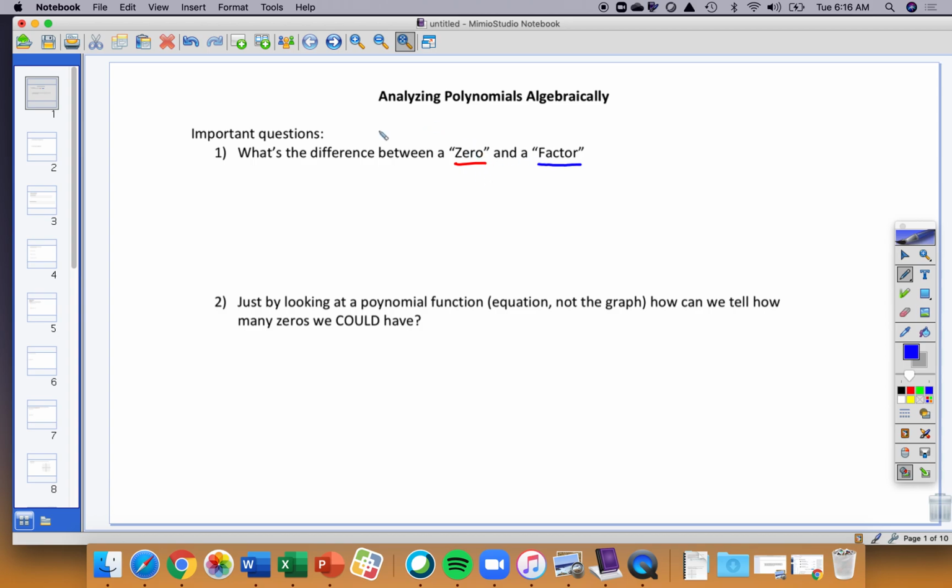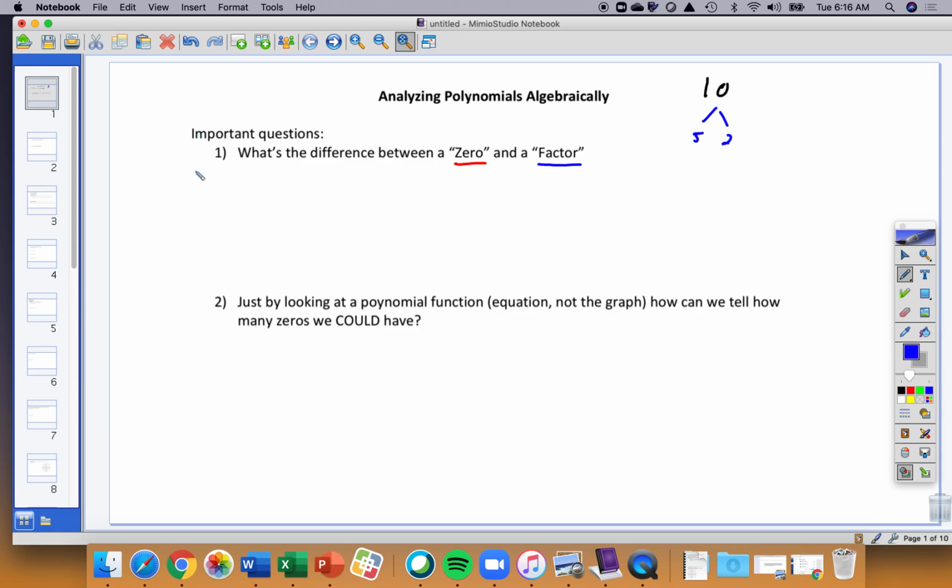Factors are two numbers or two expressions that multiply to give you a product. For example, the factors of the number 10 are 5 and 2, because when you multiply 5 and 2 together, you get 10. Those are factors that, when multiplied together, give you the product.